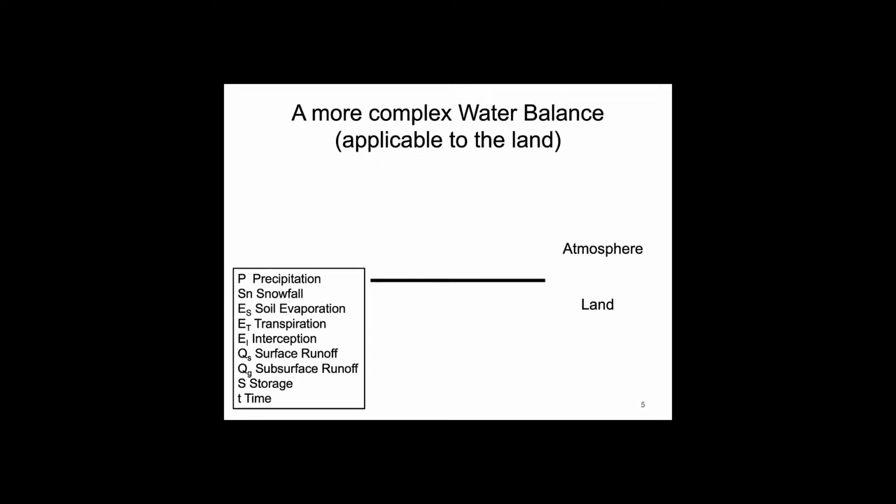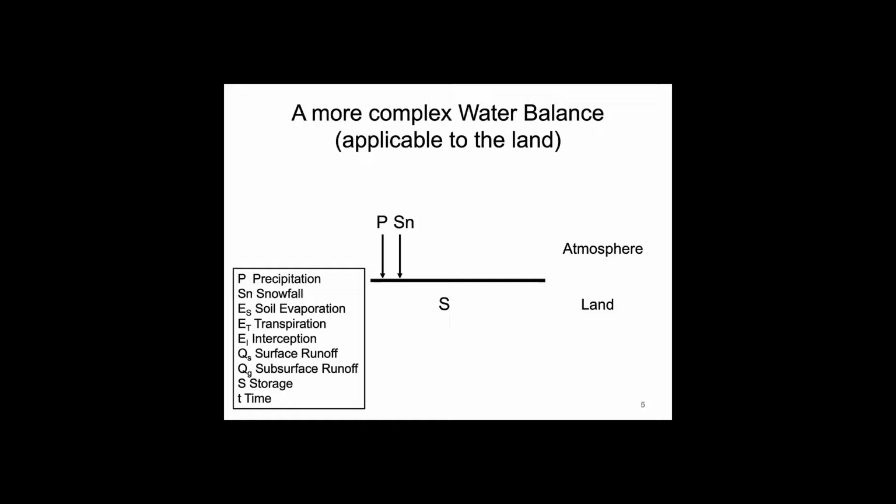For the land surface, the picture gets a bit more complicated because we have to consider the biological aspects as well as how we have modified the surface. We can start at the interface between the atmosphere and the land and assume that at that interface water is conserved. We start with the inputs into the land surface, which include precipitation P and snowfall Sn.